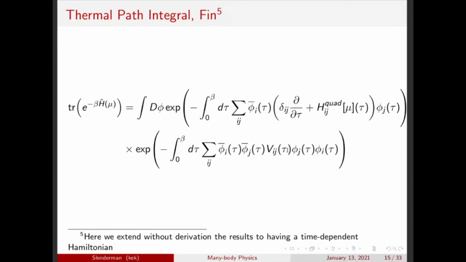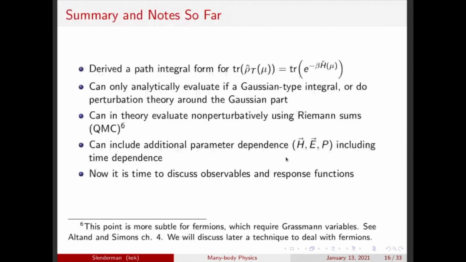Or in this case, it's really dependent on energy, because, again, this is thermal physics, not real-time physics. I believe this is a summary so far. We've derived a path integral form for this trace, for the partition function.